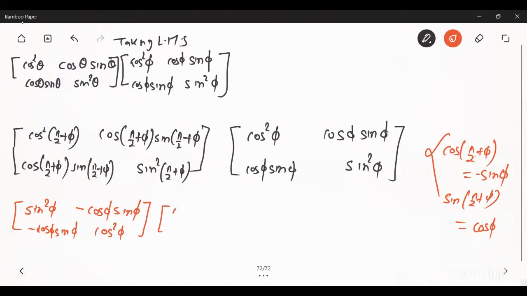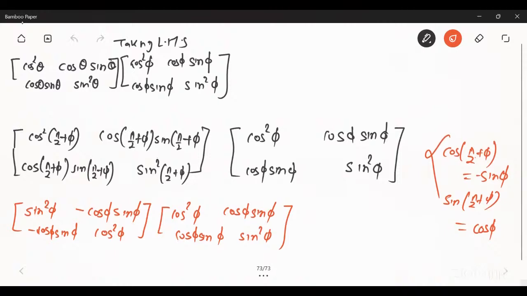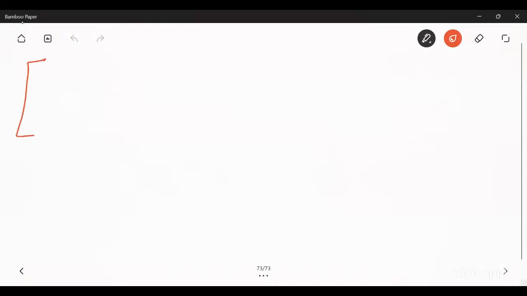Here you will get cos square phi, cos phi sin phi, cos phi sin phi, sin square phi. Now multiply row by column. For the 2 by 2 matrix, you will find the value.